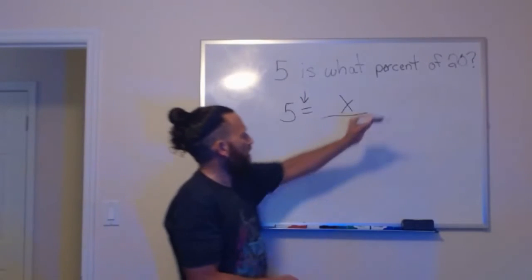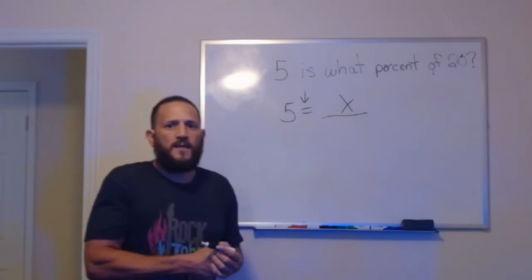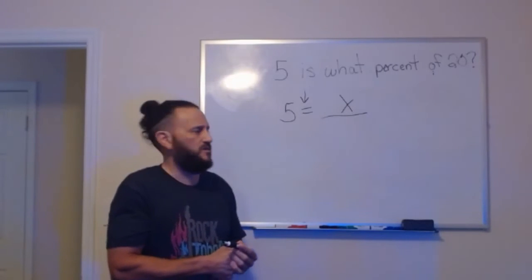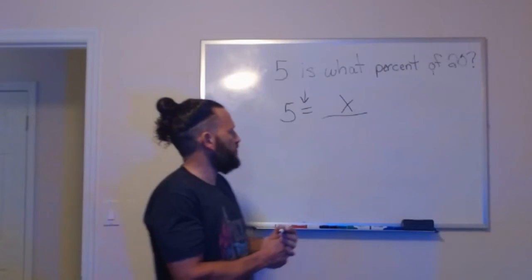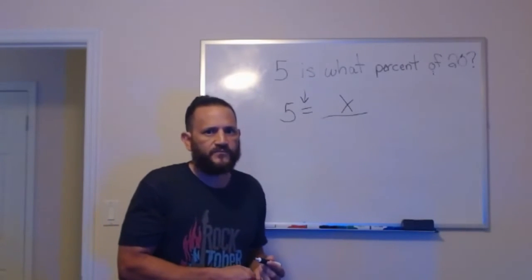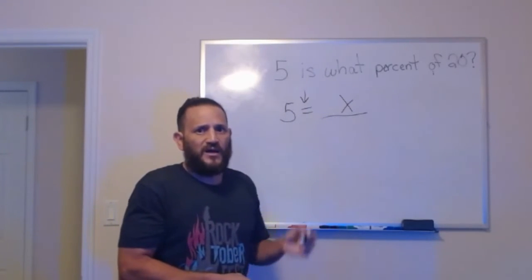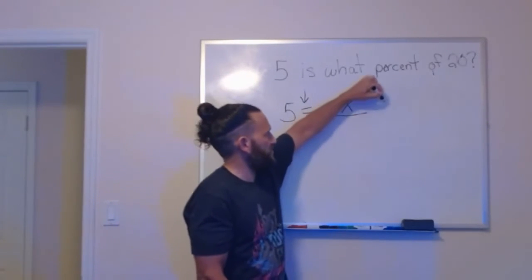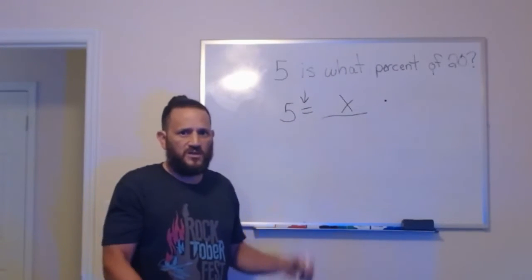So of represents multiplication. Okay? Multiplication. So you can do it the old school way with the cross, or you can put a dot. I suggest you put the dot. That's multiplication. That's what you do in college.